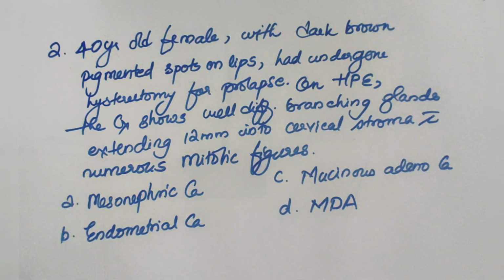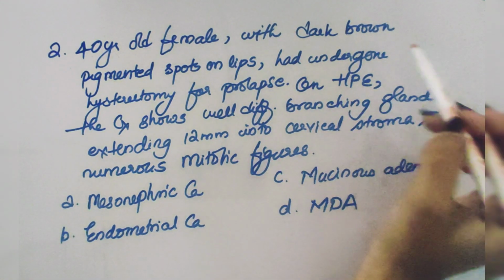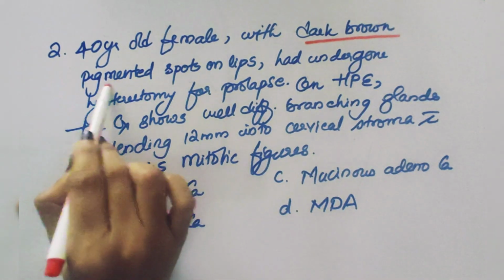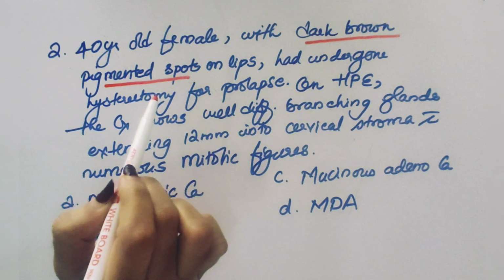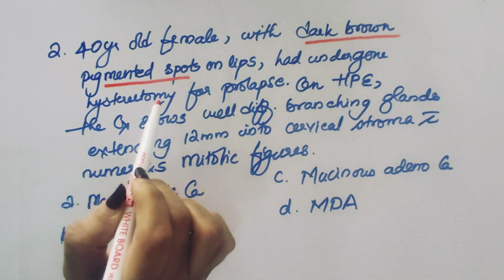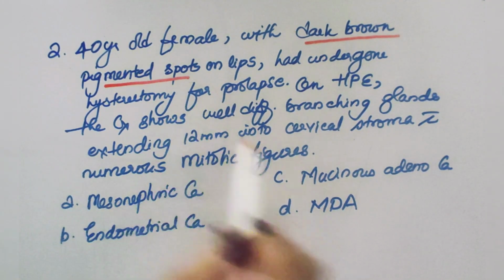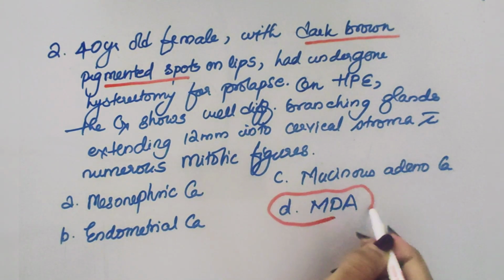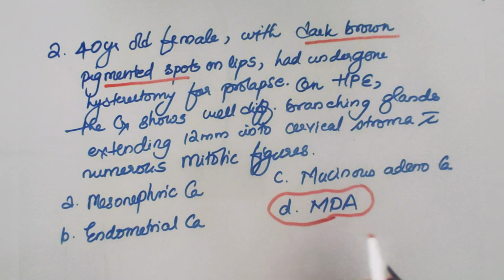So what is the clinical presentation? Dark brown pigmentation. Usually it is a manifestation of Peutz-Jeghers syndrome. So I said about a carcinoma that is associated with PJS, that is extremely well differentiated variant of gastric type of endocervical HPV independent carcinoma, that is minimally deviated adenocarcinoma or adenoma malignum.